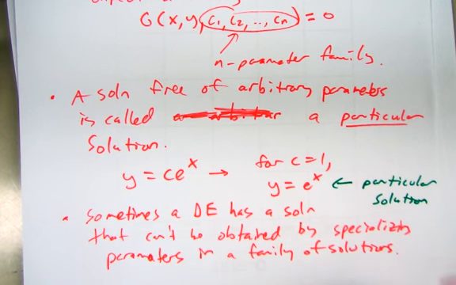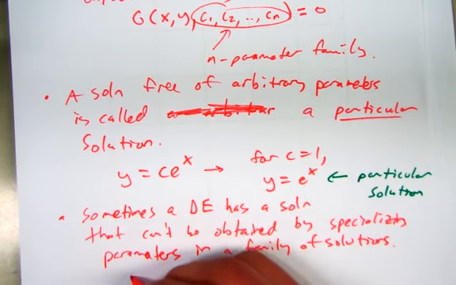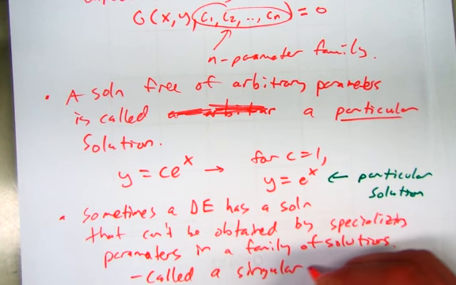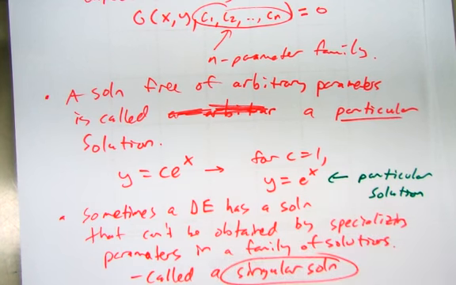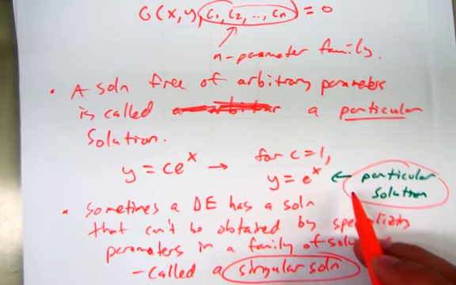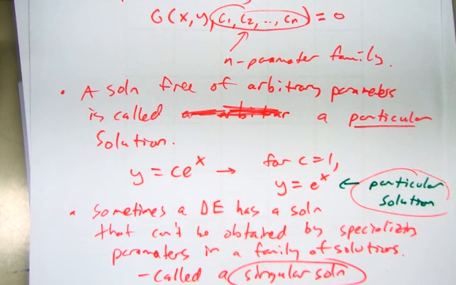We call that a singular solution. So we need to know what a particular solution is and what a singular solution is. You should know about the different parameters that arise when solving different order differential equations, and that's pretty much it.